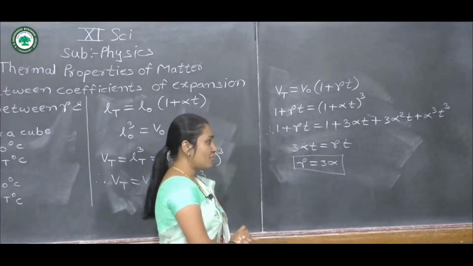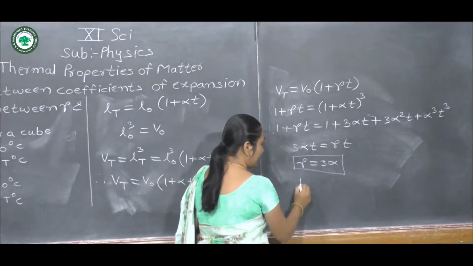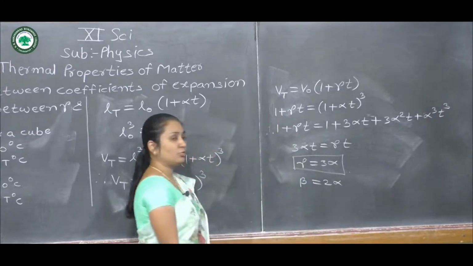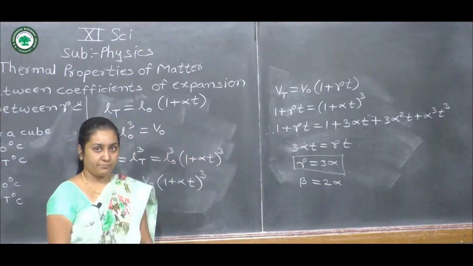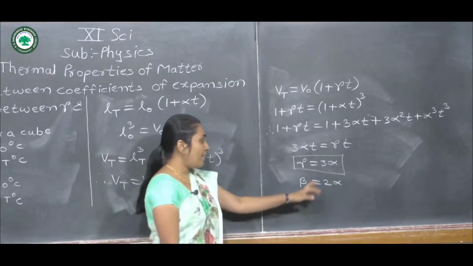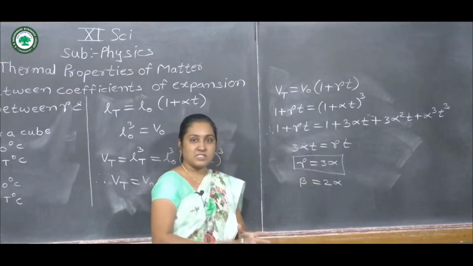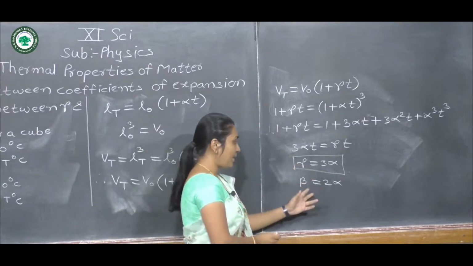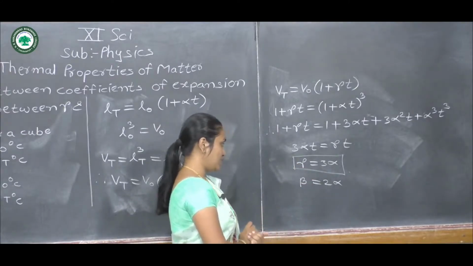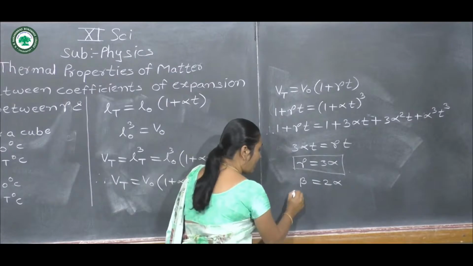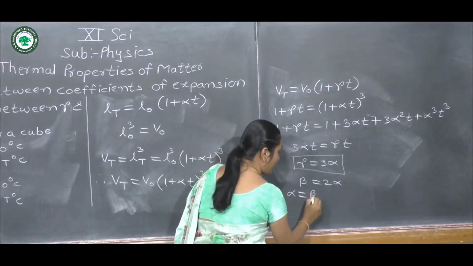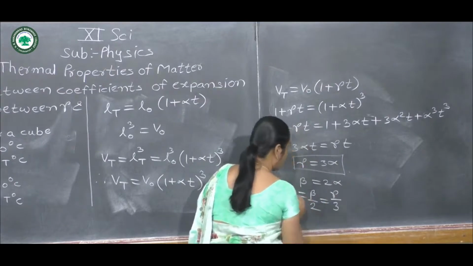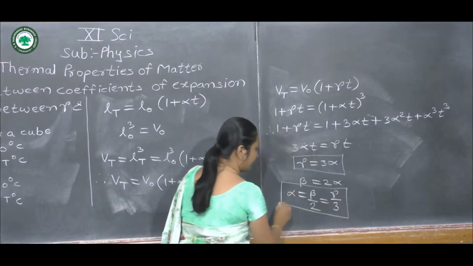We have also found the relation between beta and alpha, which is beta equal to 2 alpha. By combining these two relations, we can write alpha equal to beta upon 2, which is equal to gamma upon 3.